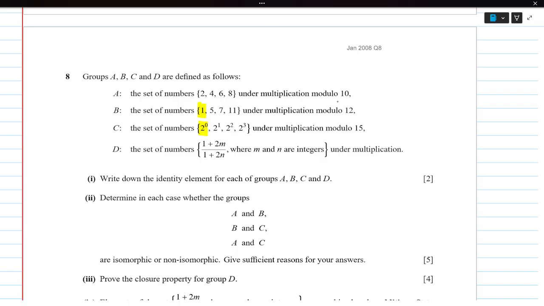I can check this. They said 1 plus 2m, 1 plus 2n, multiplication modulo 15 is equal to, I'm not going to write the whole thing, 1 plus 2n, 1 plus 2n. And that's quite interesting because this is modulo 15.